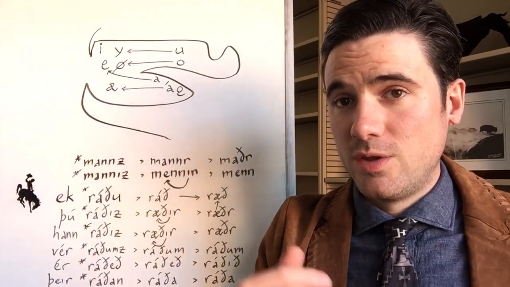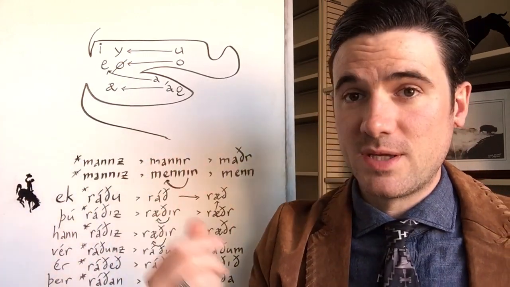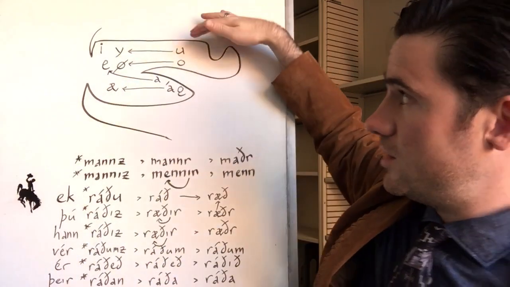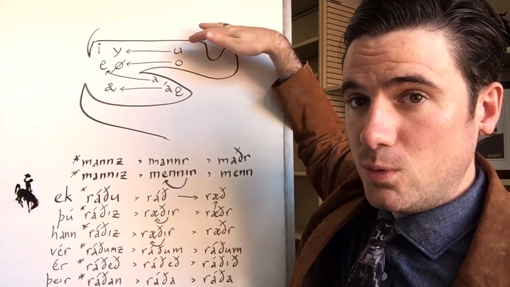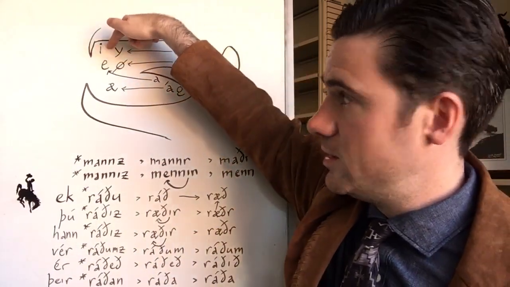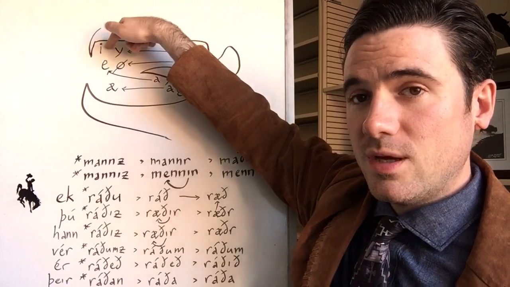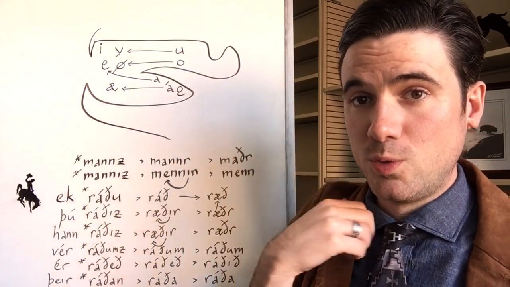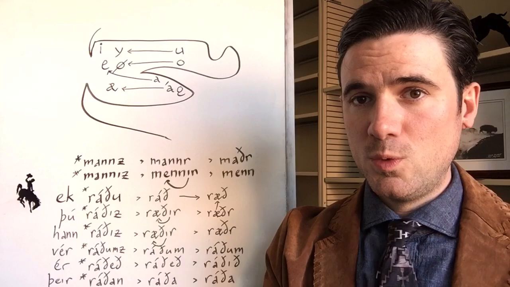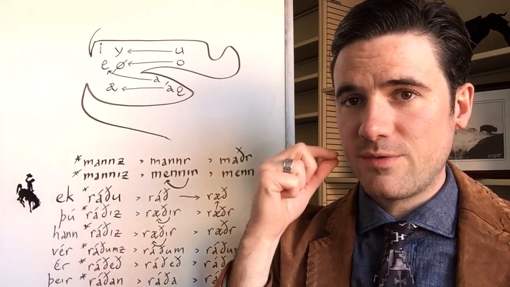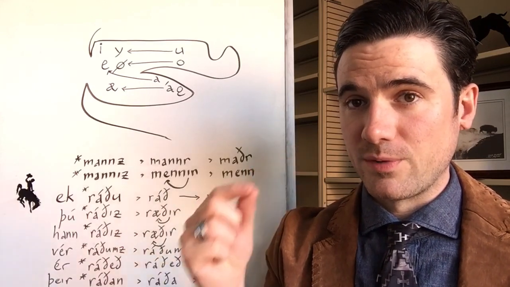All right, now notice when I say front and back of the mouth, I mean that literally. If you try saying the oo sound, and then say the e sound, and then go back and forth between them, you can feel your tongue sliding forward and backward in your mouth.